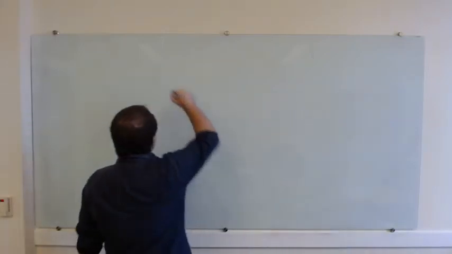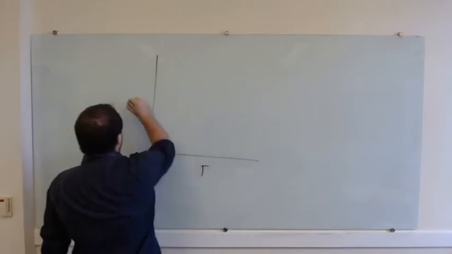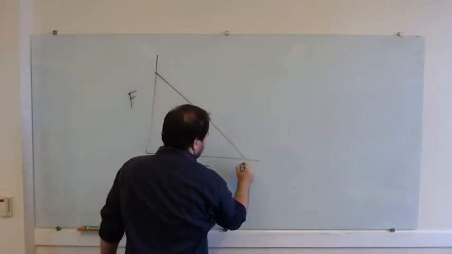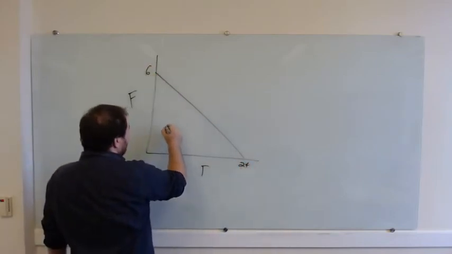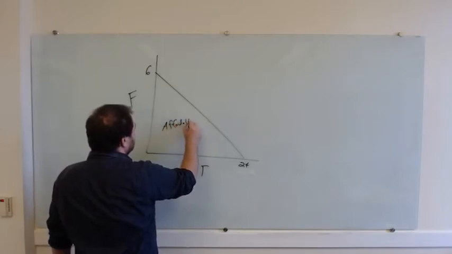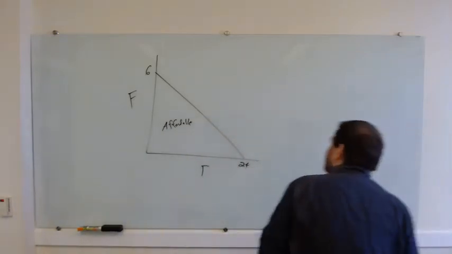So if we start with budget constraints, right, we've got our toppings and we've got our froyo. We've got a budget constraint like this, 4 and 6, right? This area here is affordable. Anything below our budget constraint is going to be affordable, so I'll shade this in blue.